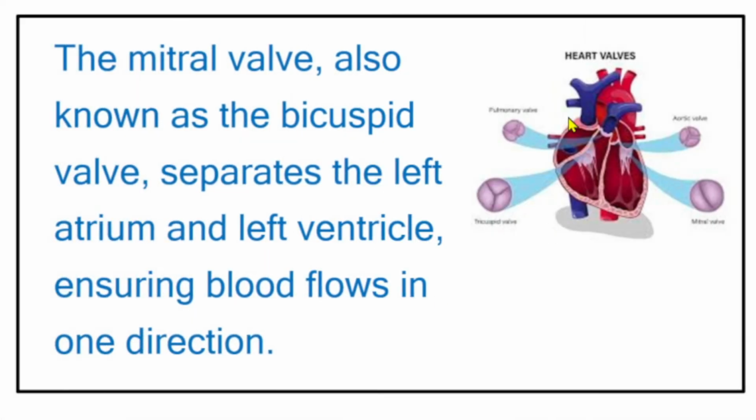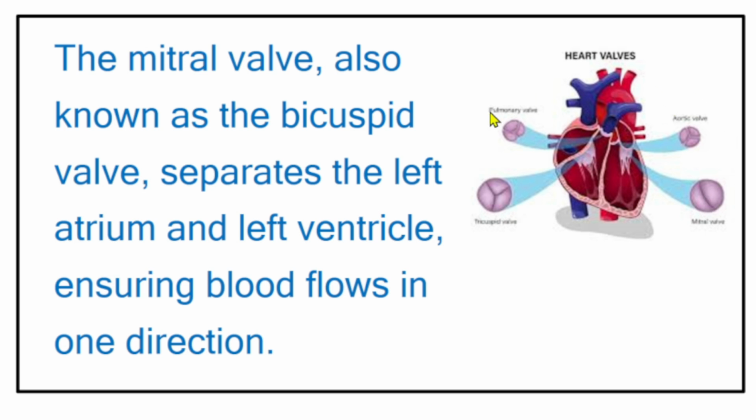So here is the anatomy of the heart. The mitral valve is between the left atrium and left ventricle. From the left atrium, blood comes through the mitral valve. The mitral valve is also known as the bicuspid valve.